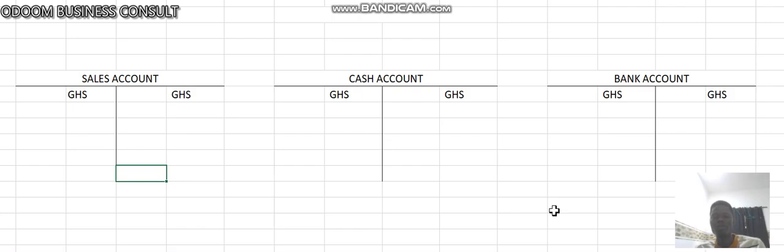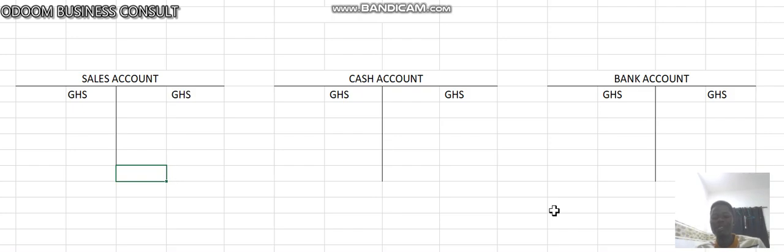So we have sold for cash, and we all know that the cash account is an asset account and all assets have debit balance. So anytime there is an increase to an asset account, that asset account will be what? Debited. So if we have received cash, then this basic double entry principle: debit what comes in and credit what goes out.